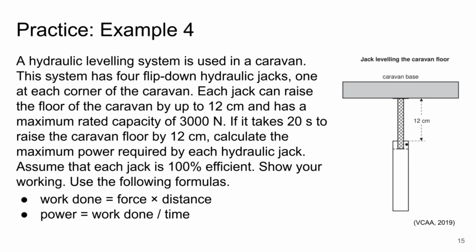So we are given 2 formulas there. Work done equals force times distance, and power equals work done divided by time. So please pause the video at this point and work through the problem, then press resume to see the solutions.